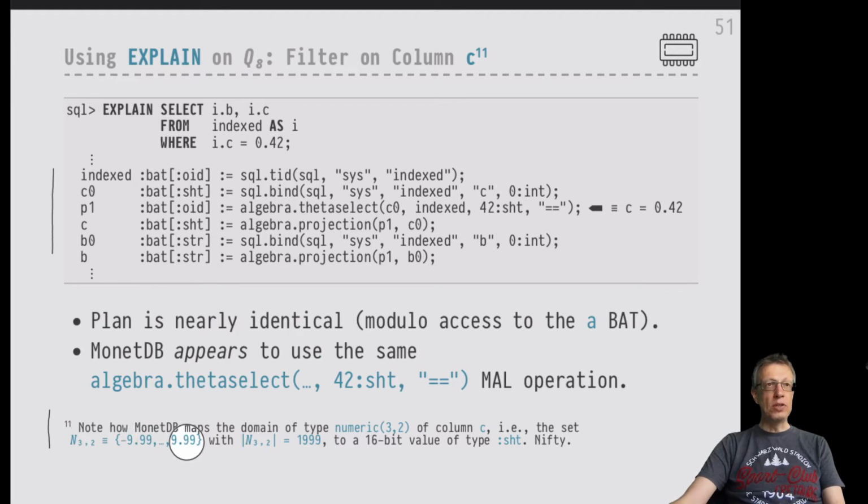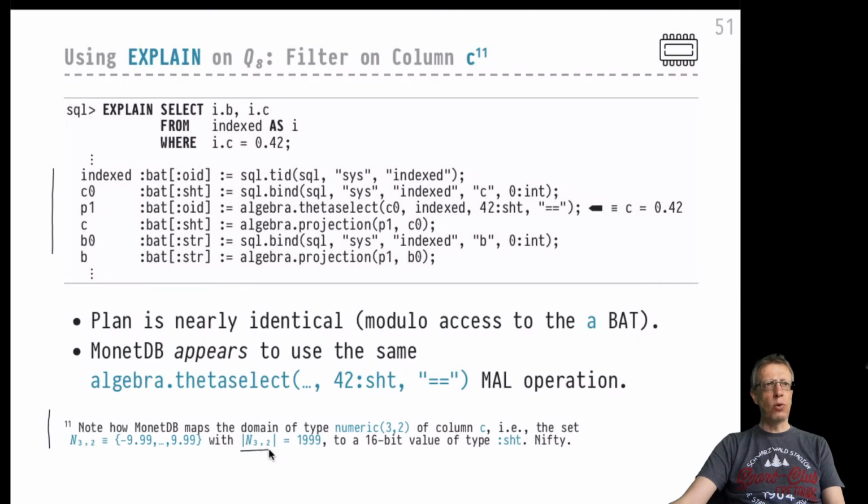The active domain of the type is really restricted and really small. It holds less than 2000 values. And I can easily represent these 2000 different values using a 16-bit value of type short. So that's a rather trivial, simple mapping that saves the system from doing decimal arithmetic. But this is really sidetracking us, so that's only a few words on that nifty trick.